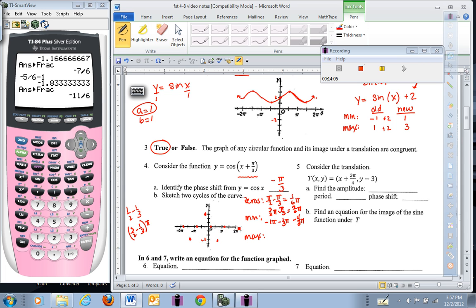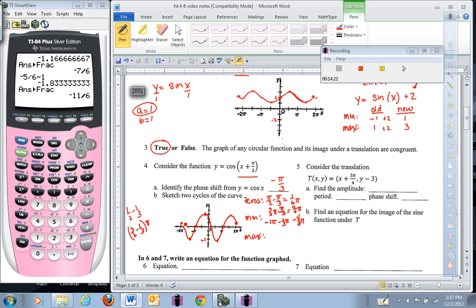And halfway in between here and the next stopover, just past 2 pi, we'd be back at positive 1. So we draw that on there, and it looks like so. That's our cosine graph moved 1/3 of a pi to the left.